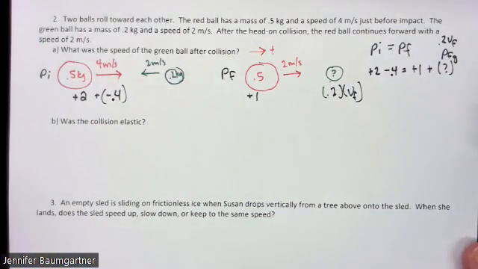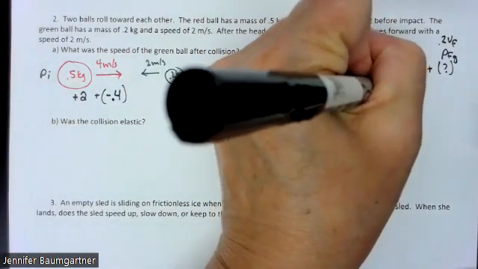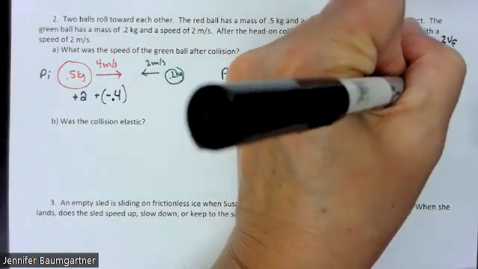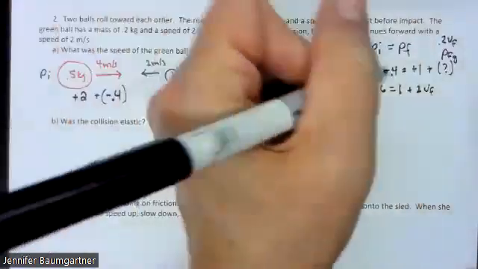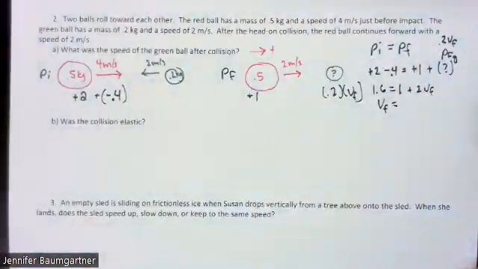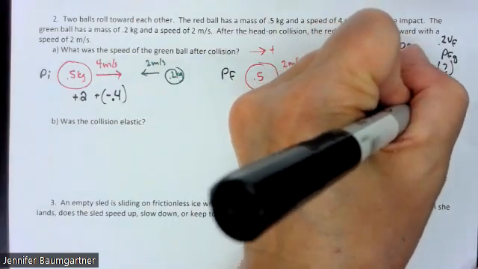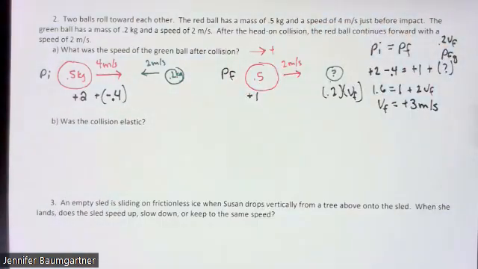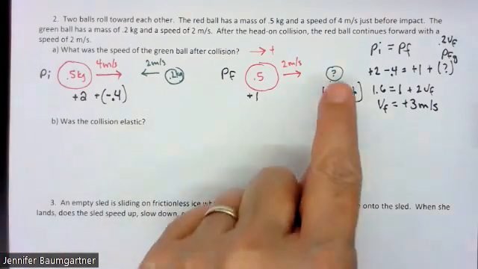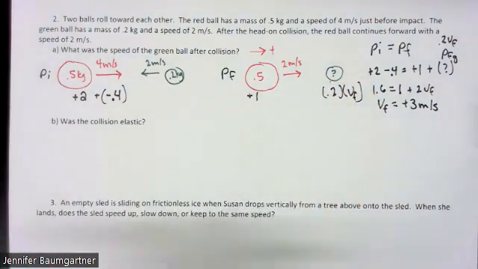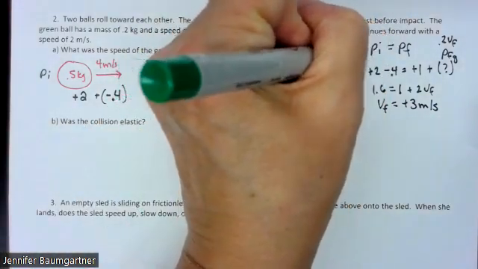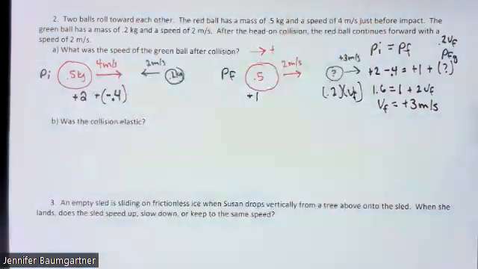Sorry, math error. So when I do my algebra, I end up with 1.6 equals 1 plus 0.2 v_f. And when I solve for v_f, I end up with positive 3 meters per second. So the green ball is moving this way with positive 3 meters per second.